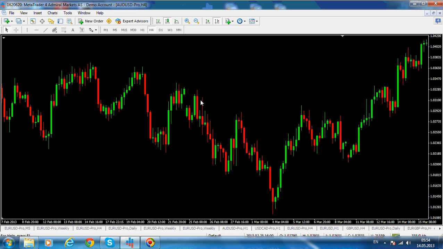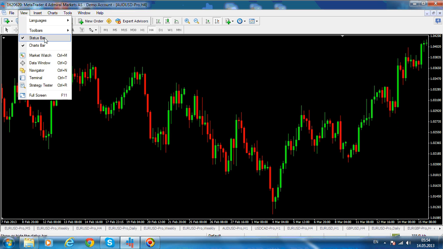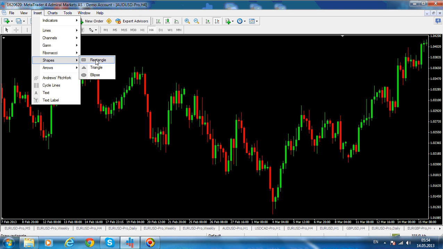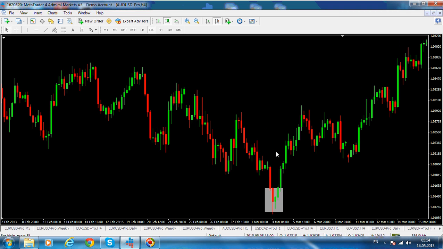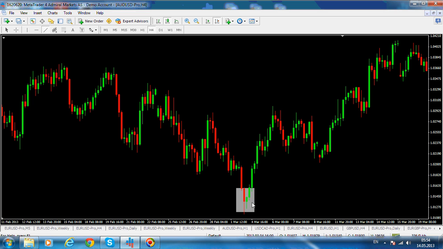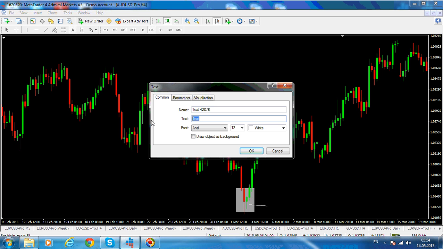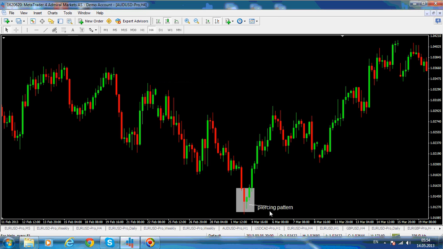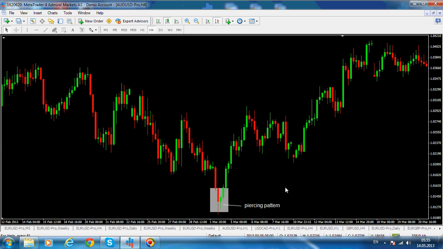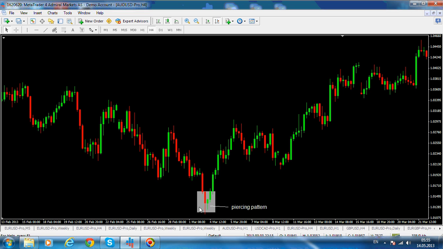This one seems to be a piercing pattern, and it has a small real body for the green candle. But if you wait for confirmation with the closing of the next candle, then this piercing pattern is confirmed. You have a possible support area here for the move to the upside, and keep in mind that this is a reversal pattern.